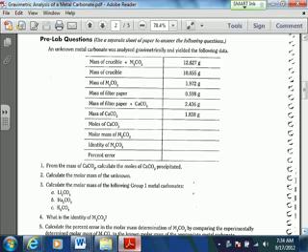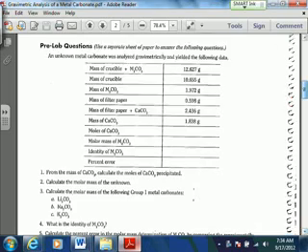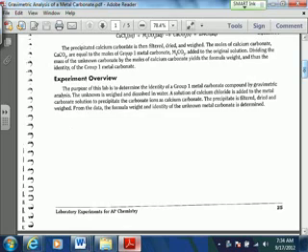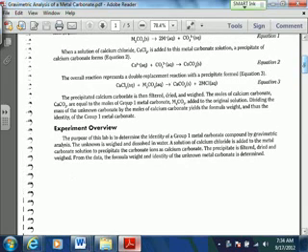Then we need to find the molar mass of the M2CO3, okay? Now, that's a little bit more tricky, but what we have to use here is our balanced chemical equation, okay? Because we know the mass now of the calcium carbonate, right?